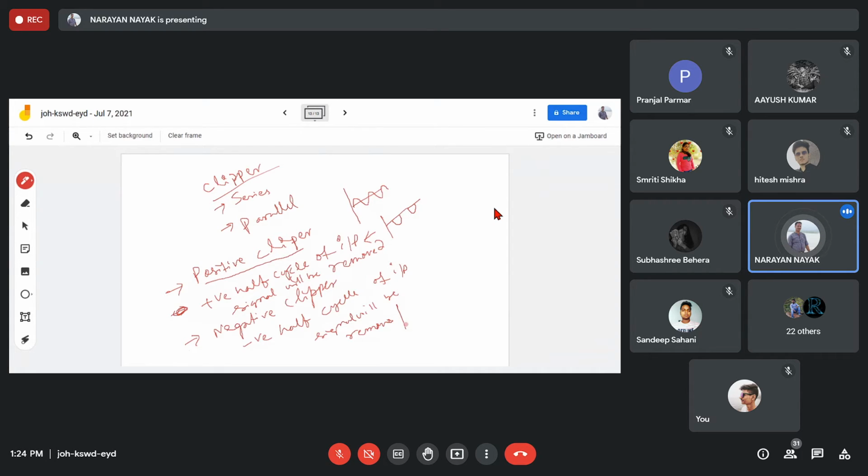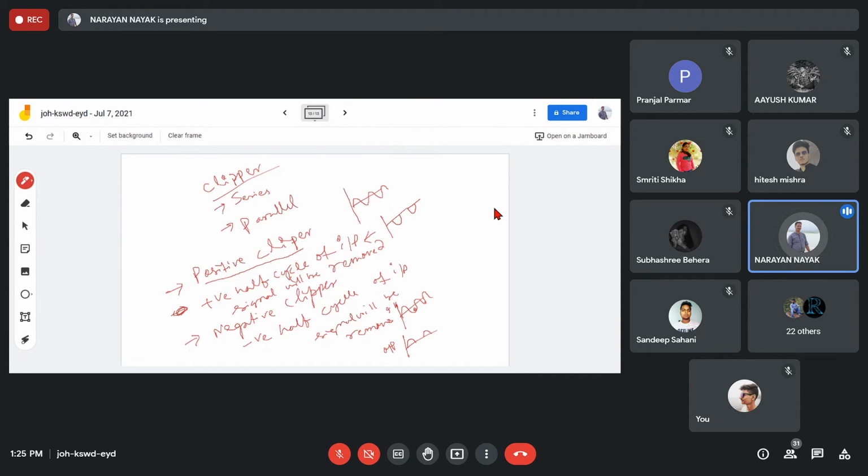If the input signal is like this, the negative half cycle of input signal will be removed. This one removed, this one removed. Only the positive half cycle is present. So this is the output and this is the input. You understood? In the positive clipper, the positive half cycle will be removed. In the negative clipper, the negative half cycle of input signal will be removed.